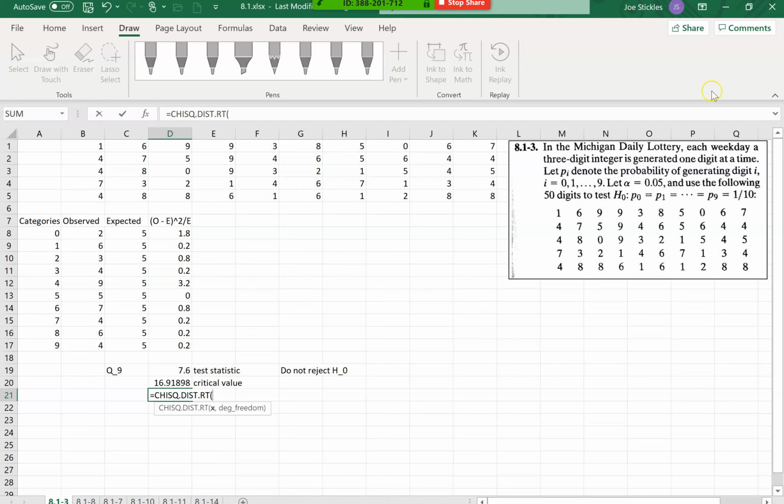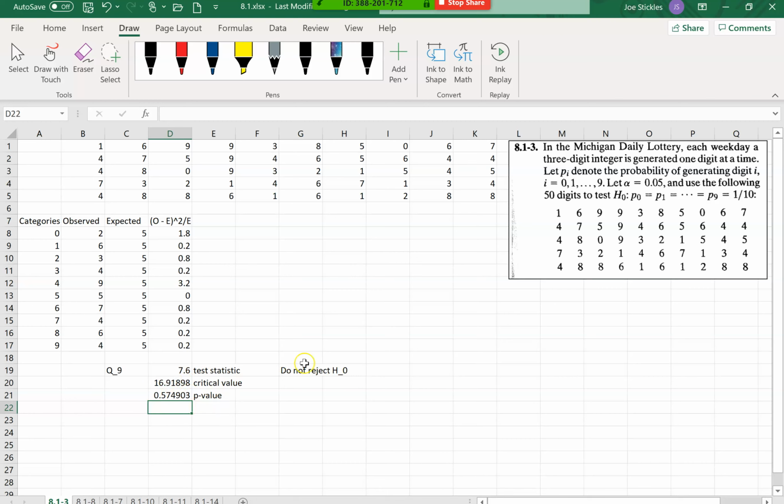The x that I'm interested in is the test statistic up here, and 9 degrees of freedom again. So this p-value is about 0.57. That tells you that it's not a bad fit. I mean, if you had p-values like 0.8, that's a really good fit, for example. But this is not a bad fit.